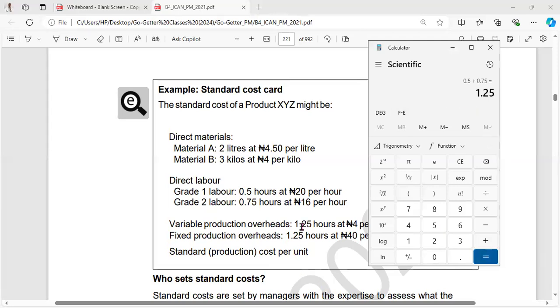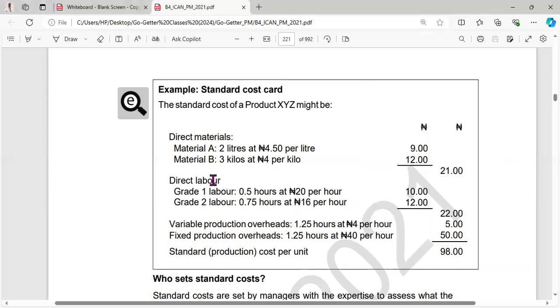So the total direct labor hours is also applicable to variable overhead, because variable production overhead will go with labor hours. And now we are pricing it. This is the overhead absorption rate, or variable production overhead per hour, 4 naira. So when you use 1.25 hours to make 1 loaf of bread, because of grade 1 and grade 2, you are paying 5 naira.